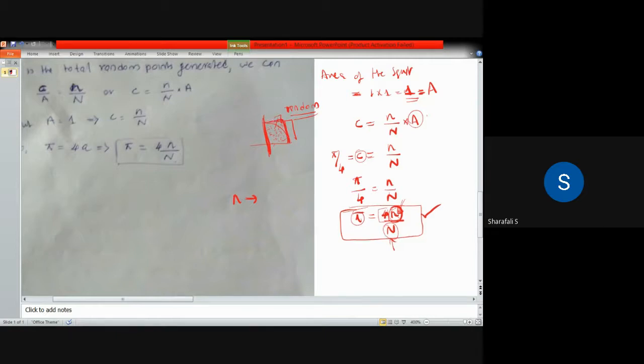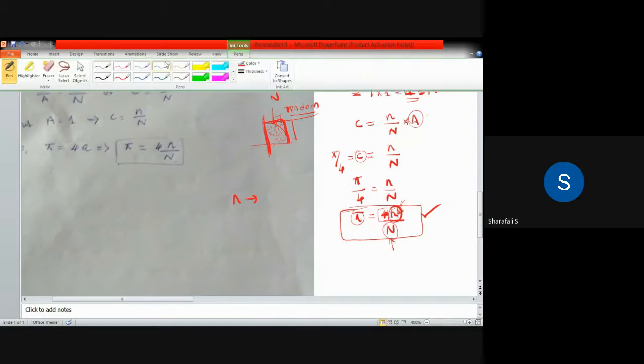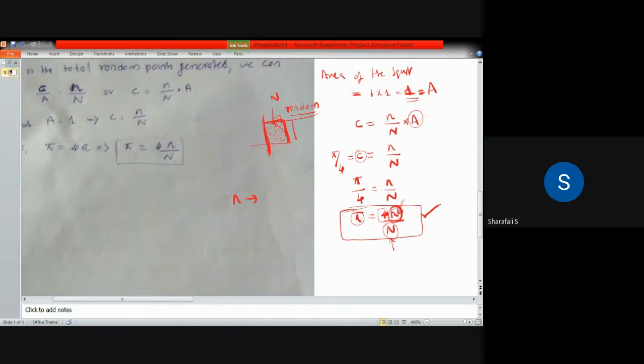Let us say this is the total number N within that square, and within that capital N, how many points are coming within the quarter of the circle region?